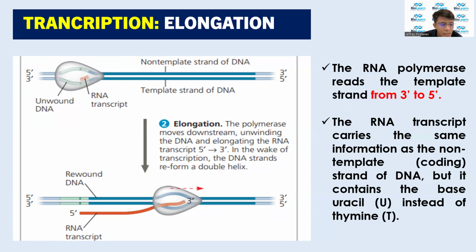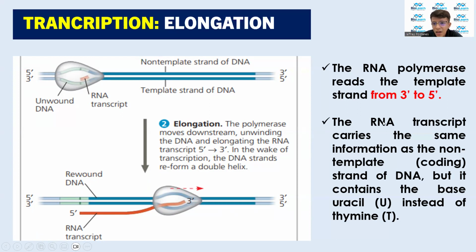Now, since the RNA is also anti-parallel to the DNA template strand, what is forming here is RNA in the 5' to 3' direction, and we call it elongation.